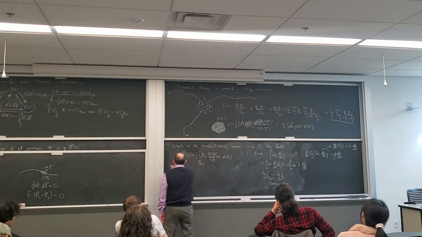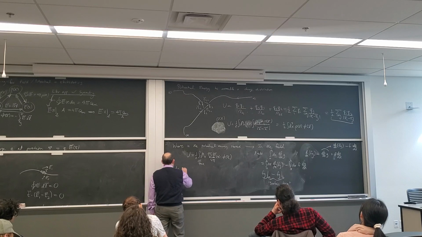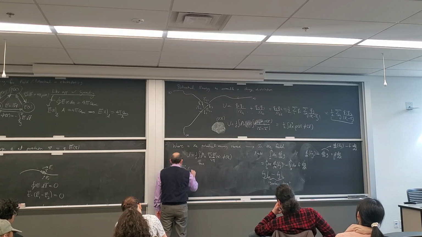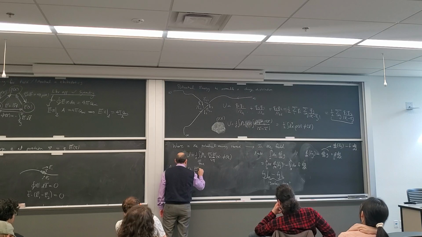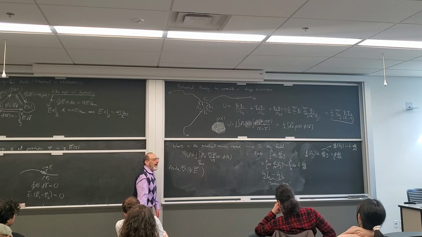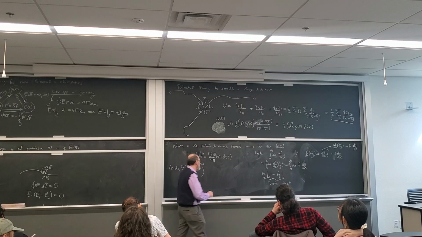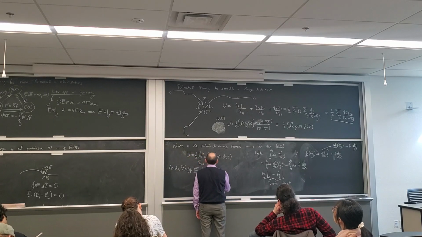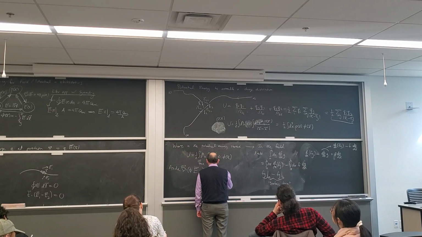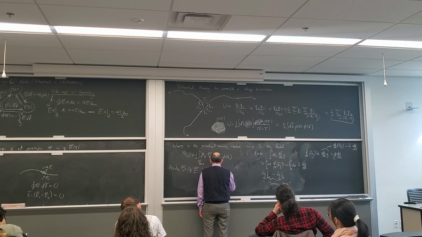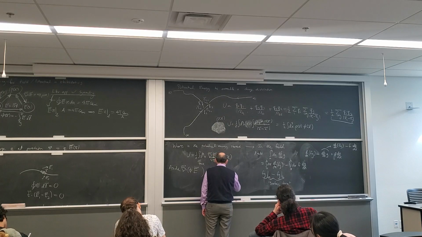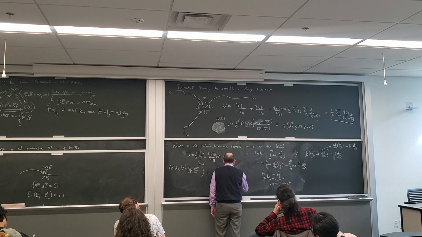So I look at the divergence of this field, and I can use Einstein's summation convention, and it's pretty quick to show that this is equal to phi times the divergence of E, plus E dotted into the gradient of phi.